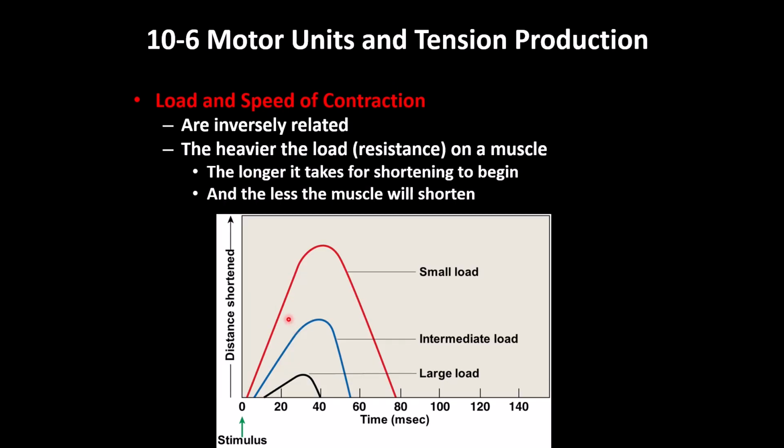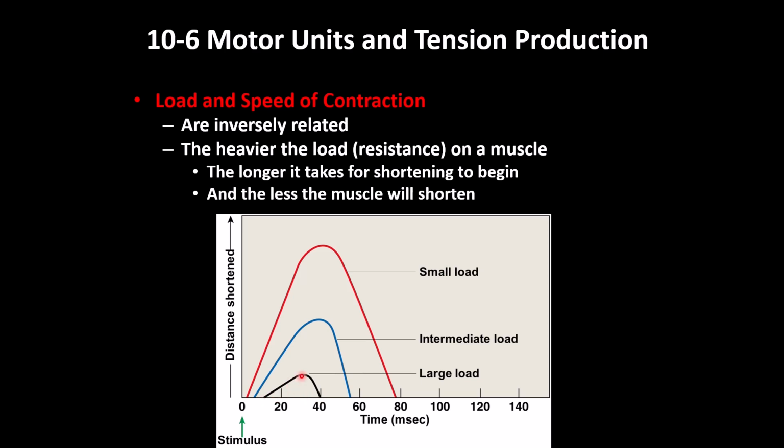The load and the speed of contraction, they are inversely related. So if it's a small load or weight, it takes less time for the muscle to contract and increase tension. So once the tension is increased, the length of the muscle decreases, and you can keep the tension for a longer period of time. But if it is a bigger load, it will take longer time to start, and you cannot keep it for a long period of time.